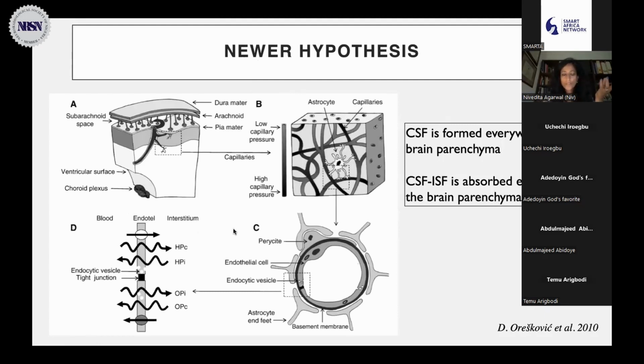And the water that leaks into the interstitium forms the interstitial fluid. Not all of this goes back into the venous blood. Part of it intermingles with the CSF, with the ISF, and is important for the hydration of the brain and for the movement of neurotransmitters, neurovesicles, peptides, waste products, etc.